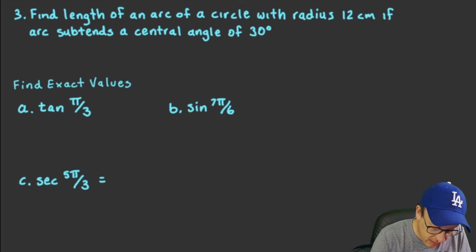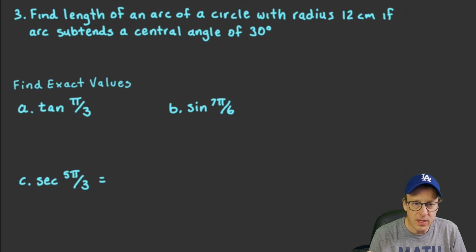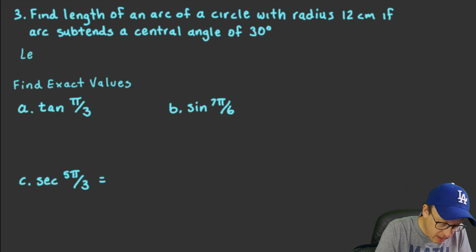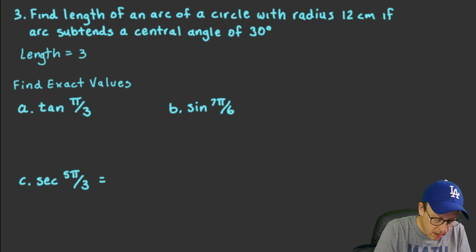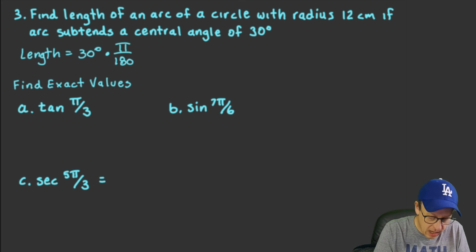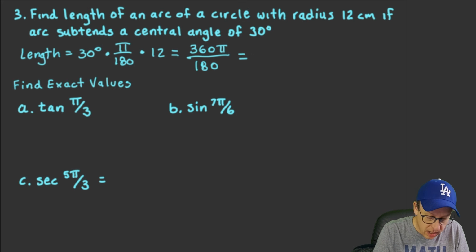Well, that means our length is going to be equal to 30 multiplied times pi over 180 times 12, which ends up being 360 pi over 180, so the length is going to be 2 pi centimeters.